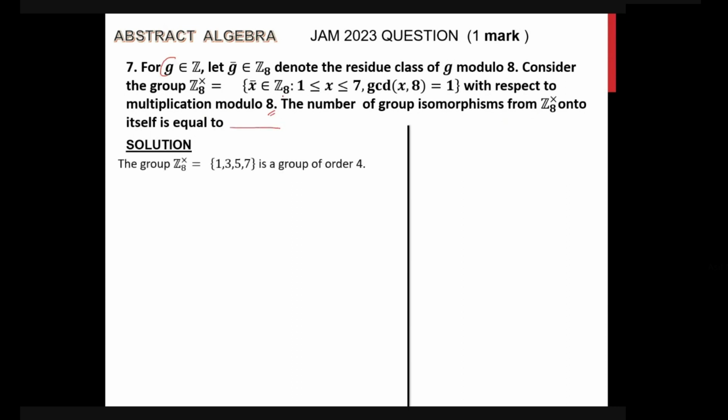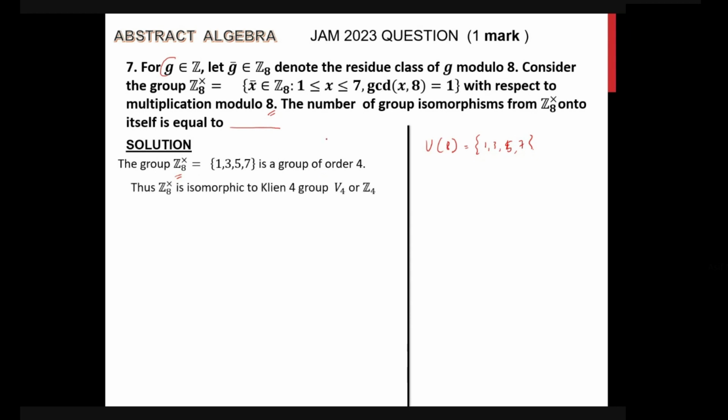And first of all, the important thing is Z8 cross, this is the group of units of 8, right? So there are 4 elements in this group, and remember that this is a group and there are only 4 elements.